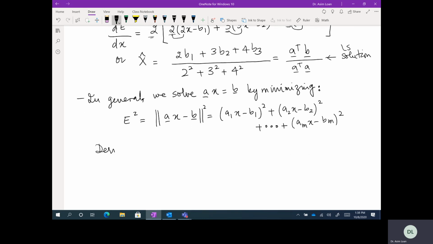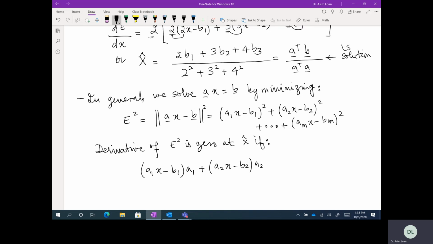And the derivative of E squared is 0 at x hat if (a1x minus b1) into a1 plus (a2x minus b2) into a2 plus (amx minus bm) into am is equal to 0.